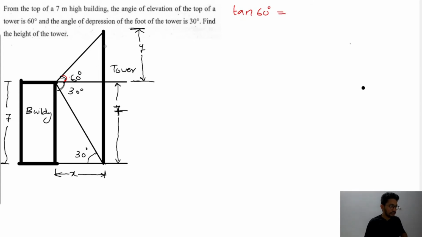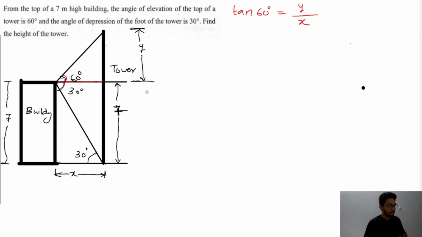Tan theta is equal to opposite side by adjacent side. So tan 60 degrees is equal to y divided by the distance between the two buildings, y by x. Right now we have two unknown values, so it is not possible to find either of them.